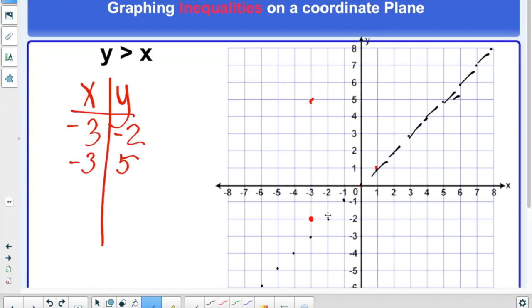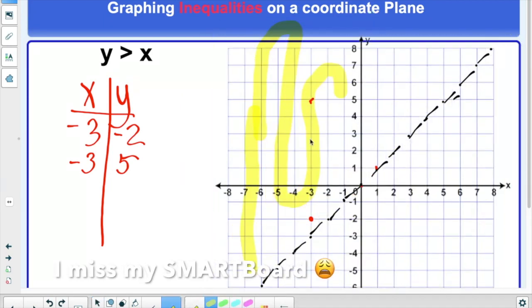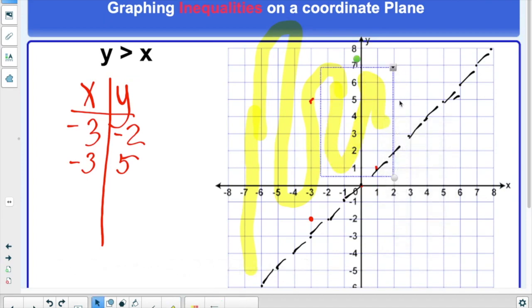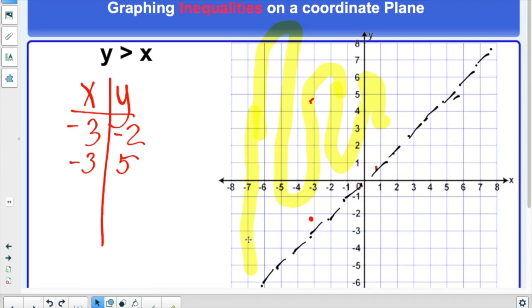So I would draw my dotted line, and then I would shade everything above. Anything in this area would be a solution.